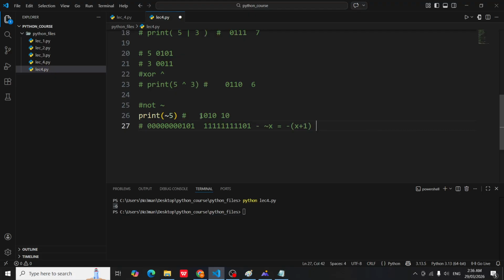So when we say not 5, it will not become 10. It applies this equation and gives us -6. That's because all the binary number zeros convert to ones, and if it finds the first number is 1, it will become negative. Okay, let's comment that.